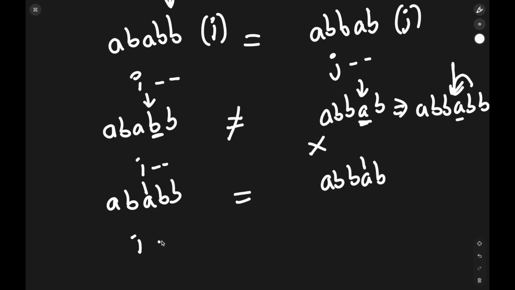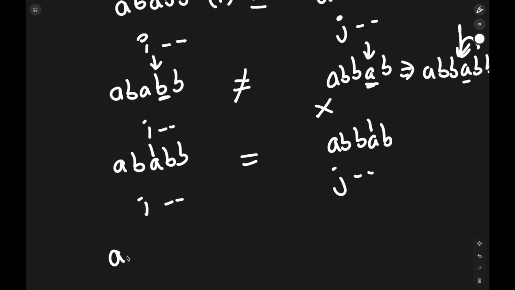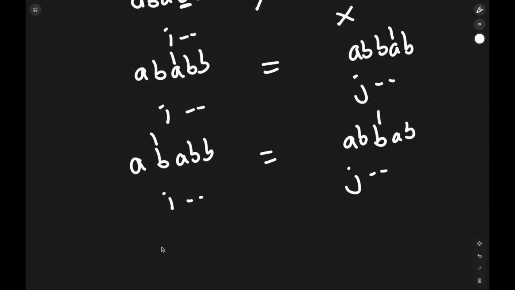Next it checks again, so both are equal, so both indexes are decremented, and next the pointer comes to B in S and B in T as well, so both are the same. Again you decrement both the indexes, and now the pointer comes to A in the first string and B in the second.